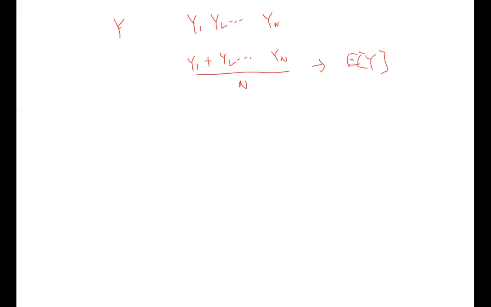This is known as the law of large numbers. It seems reasonable, right? I will give a proof for the weak law. The strong law is harder to prove, but the weak law I can prove in 10 minutes or so.